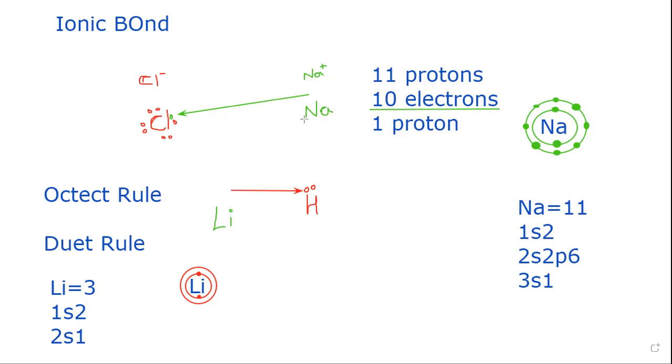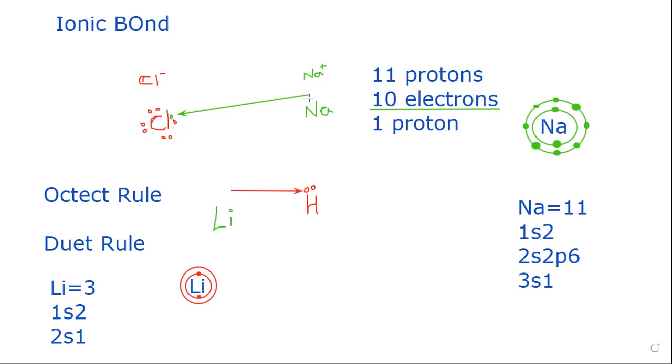Okay, so for Chastity, remember that sodium gave 1 electron, so sodium gave 1 negative particle to chlorine. That makes chlorine a negative ion now because it has more electrons than protons. At first, it was just chlorine, neutral, no charge. But now that chlorine received 1 electron, chlorine becomes negatively charged by 1. That's why we have 1 negative or just negative.